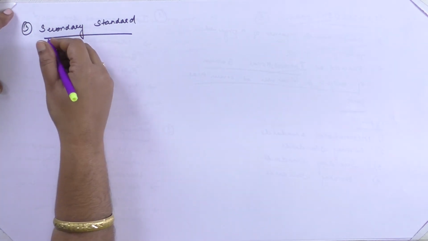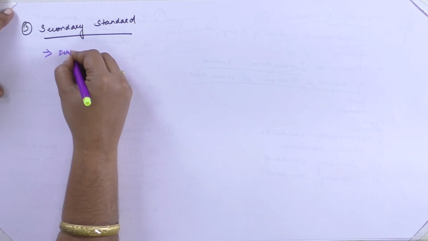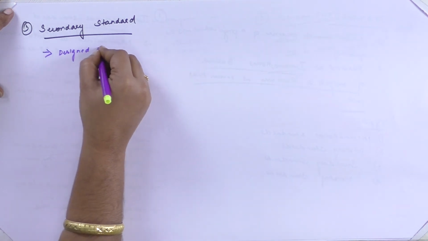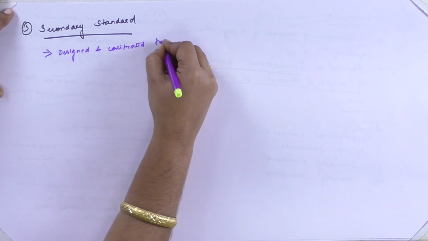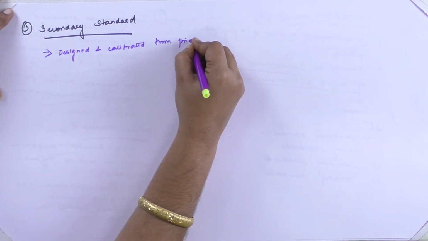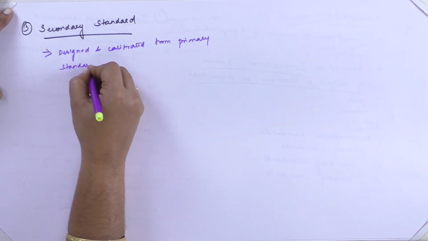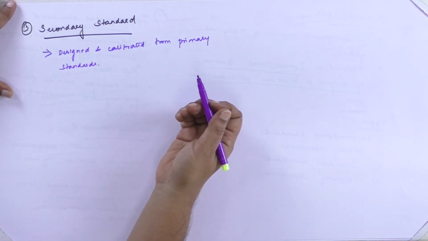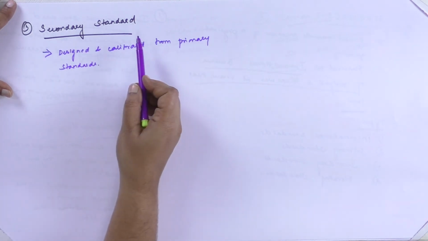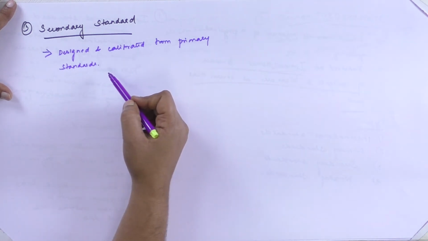These secondary standards are designed and calibrated from primary standards. Since the primary standards are not available outside the national labs, the secondary standards have been designed and are calibrated from the primary standards.